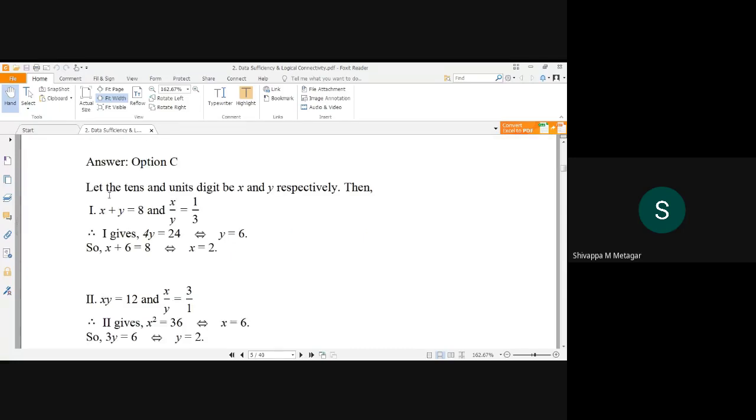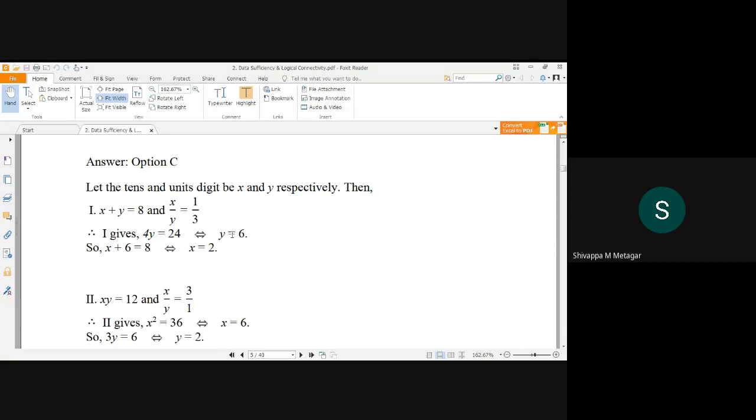First question: the sum of the 2 digits is 8 and the ratio of the 2 digits is 1:3, they have given. Here I said x plus y is equal to 8, and the ratio of the 2 digits is 1:3. Therefore x by y is equal to 1/3. Cross multiply this one, then 4y is equal to 24, therefore y is equal to 6.